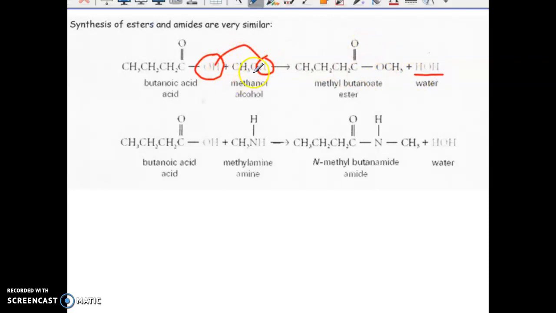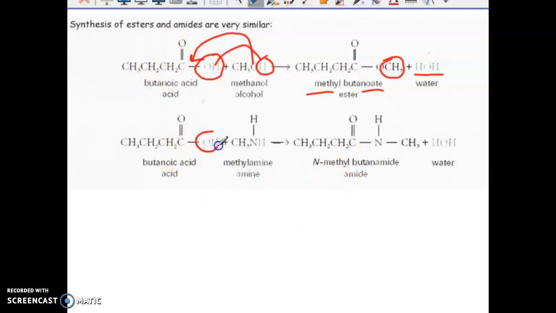And then the portion that was on that alcohol will link up to where the OH was removed. So here you have methyl space butanoate. In front of the space, it's whatever was on the original alcohol. The parent is always the carboxylic acid.